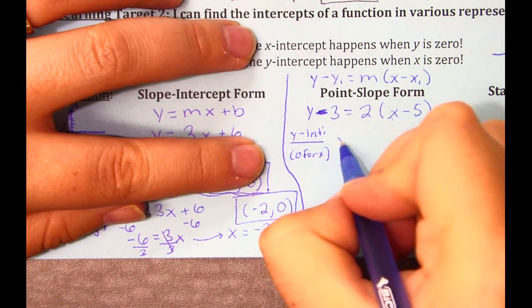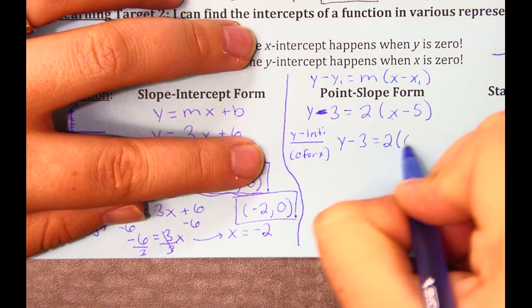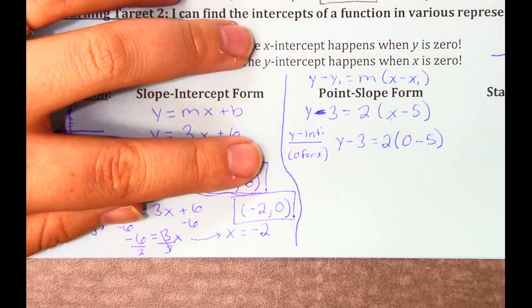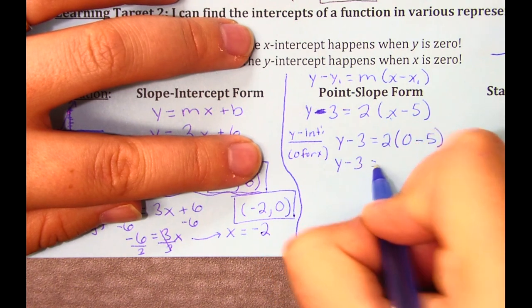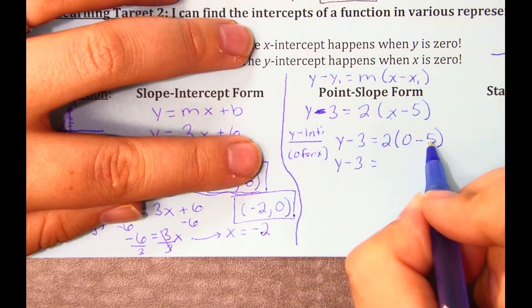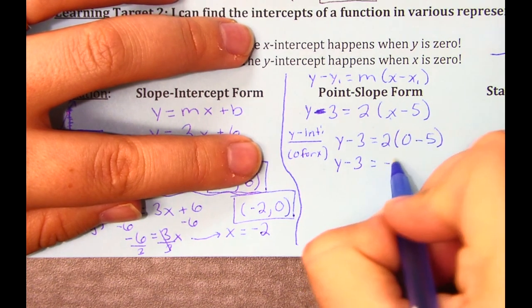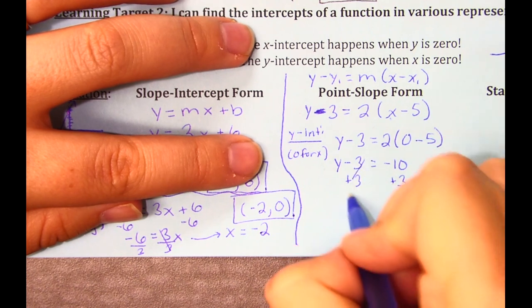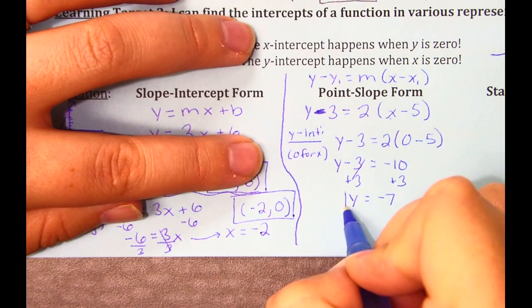So I'm going to have y minus 3 equals 2, and then 0 minus 5. So if I simplify this, I have y minus 3 equals, now 0 minus 5, that's negative 5, times 2 is negative 10. So if I add 3, y equals negative 7.